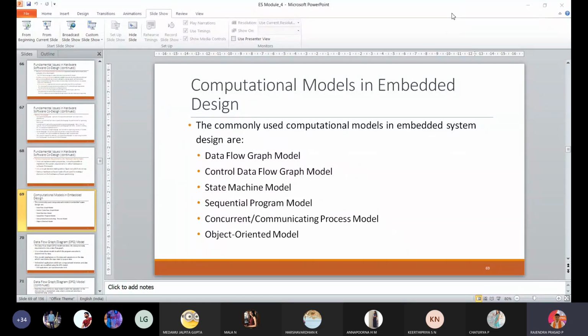There are different ways of doing embedded applications which are computationally intensive and data driven, modeled using the DFG. DFG is nothing but the data flow graph or diagram model. DSP applications are typical examples of this DFG.